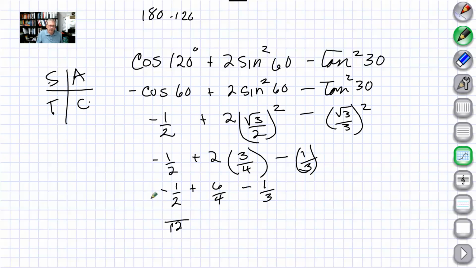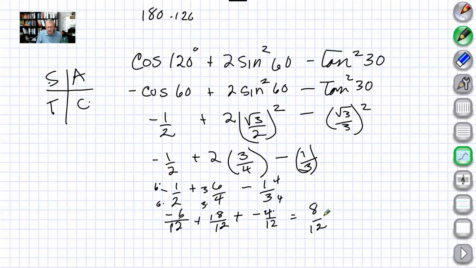To get 12, I'm going to multiply this by 6, top by 6. Negative 6/12. Here I'm going to multiply by 3 and 3: 18/12. Plus, I'm going to write this as a negative. Here I'm going to use 4 times 4: 4/12. So negative 10 from 18 would give me 8/12.